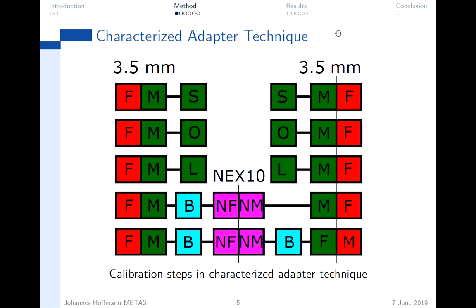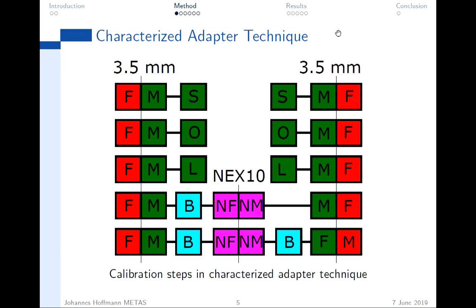And this is the characterized adapter technique. So what we will do is we do an unknown through calibration with female test port on both sides. We calibrate with short open load, and then we connect this commercial adapter we saw on the first slide with the photo, and the special adapter, which has only very small dielectric.